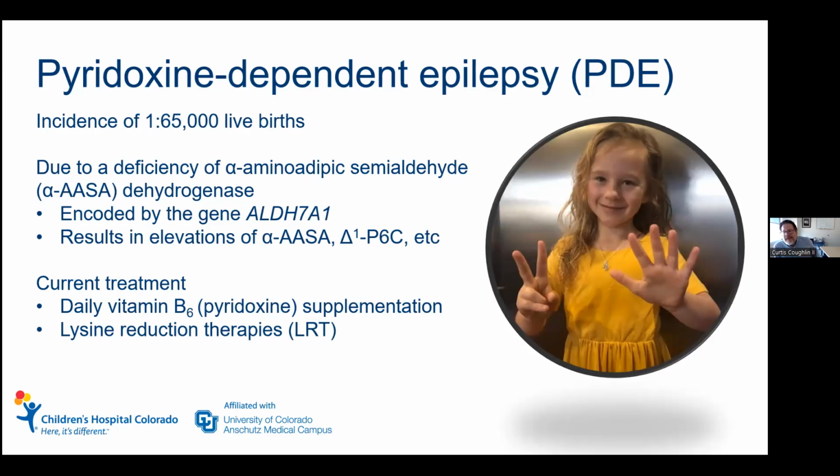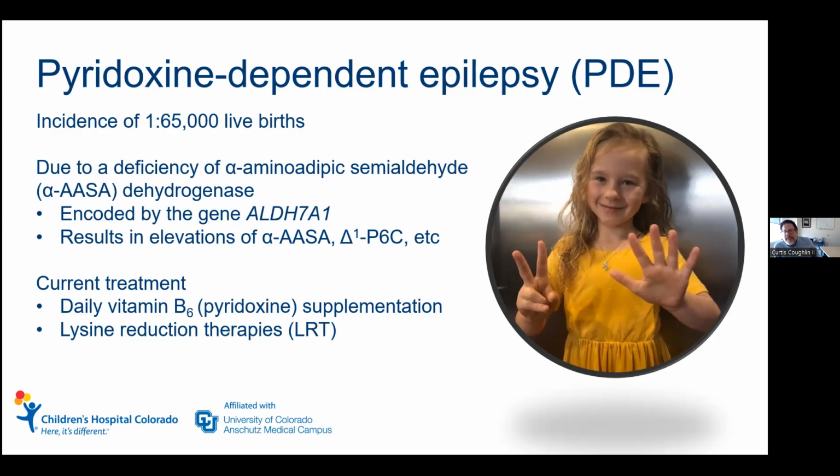So more common than glutaric aciduria if you're trying to look at how many patients you have in your clinic. And if you don't have patients with PDE, you have to wonder where they are. It is due to a deficiency of an enzyme involved in the lysine pathway that I'll show in a moment. It's only encoded by one gene, ALDH7A1.